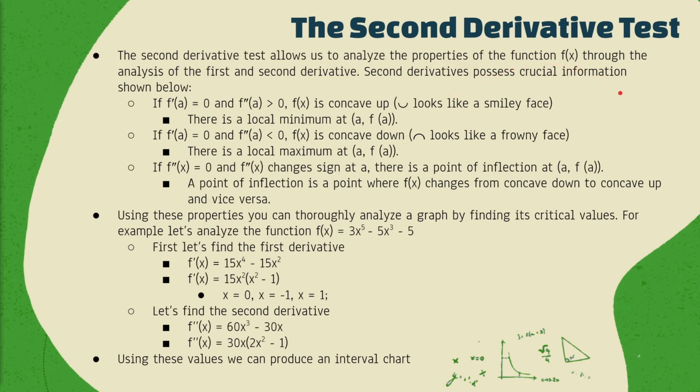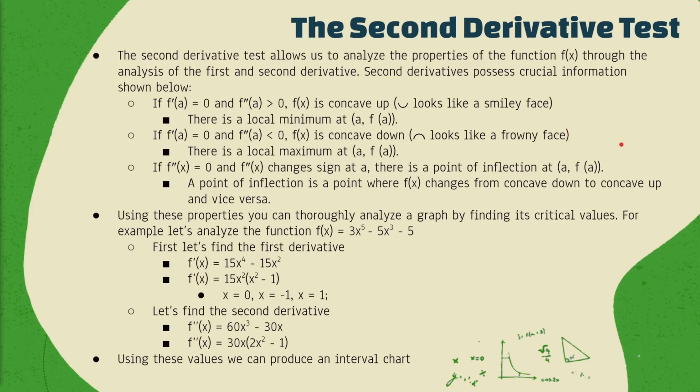It opens up, it's smiling, so it's concave up. Then we have the exact opposite situation where f double prime of a is less than 0. We would know that f of x is concave down. It looks like a frowny face and opens down.